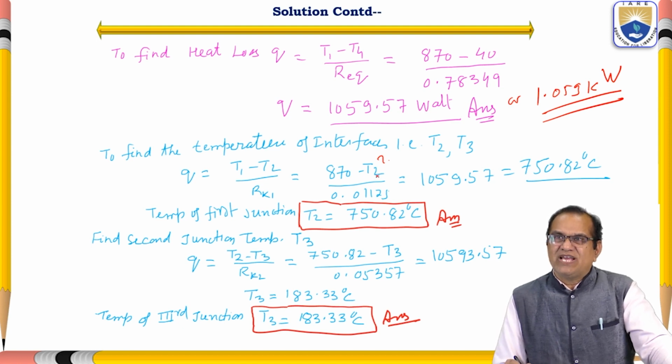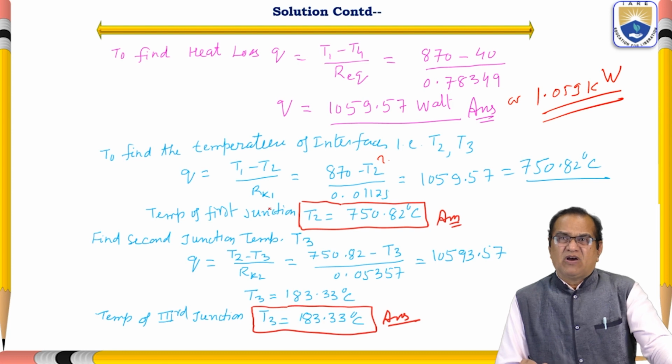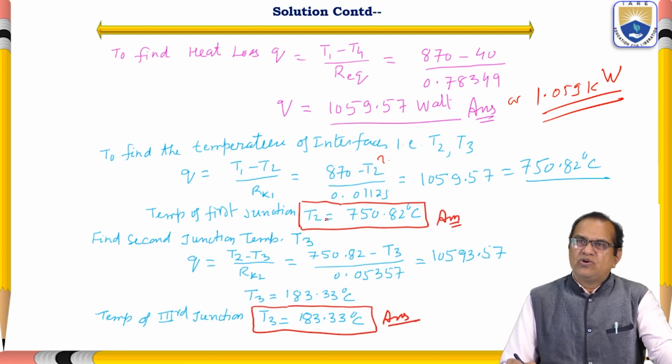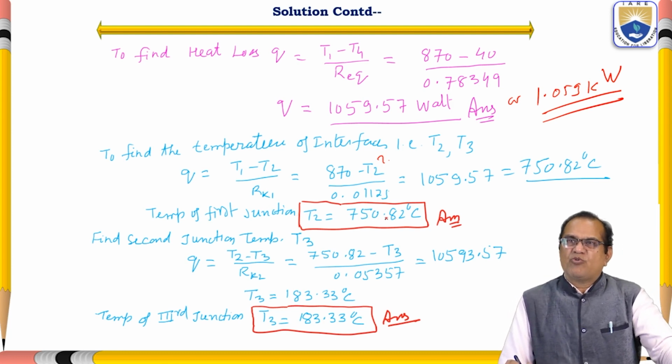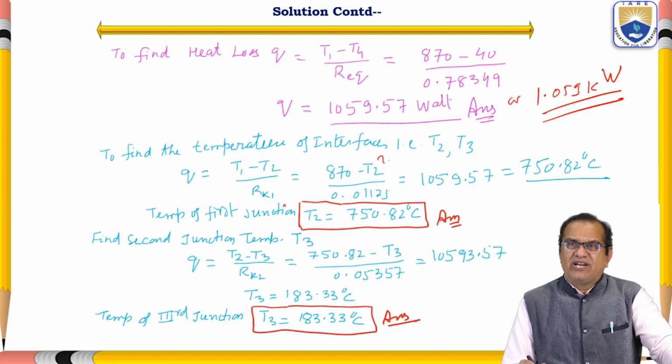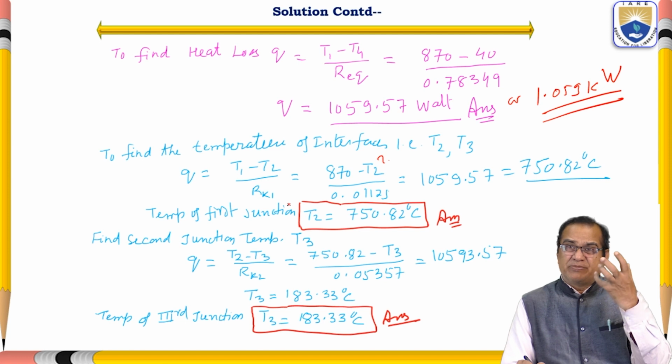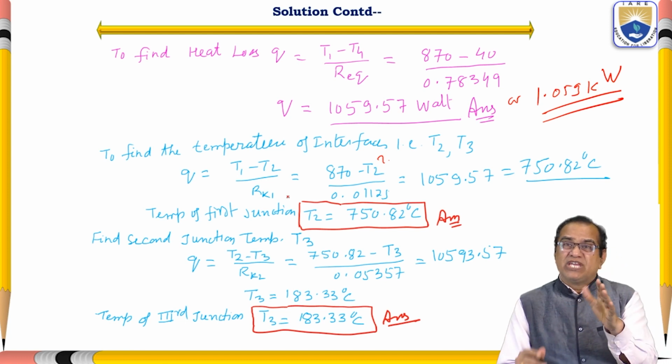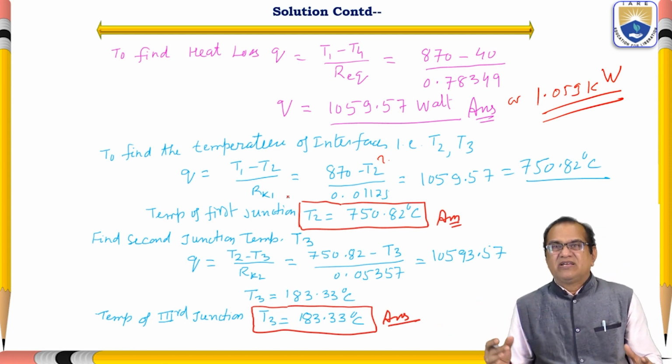By this calculation, we can get the temperature of the first junction, that is T2, equal to 750.82 degrees centigrade.